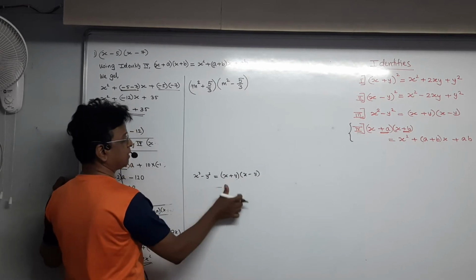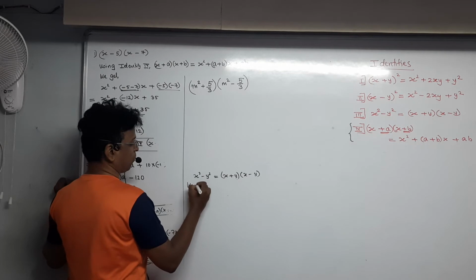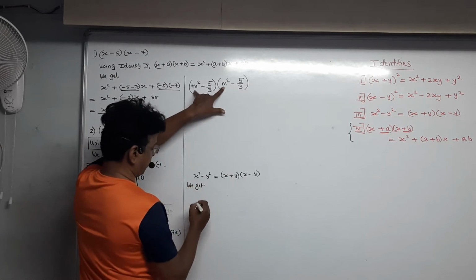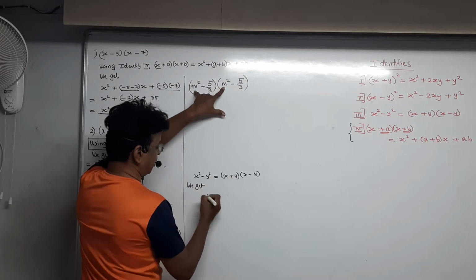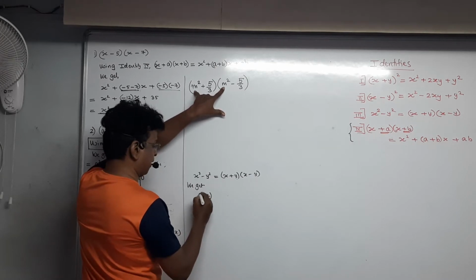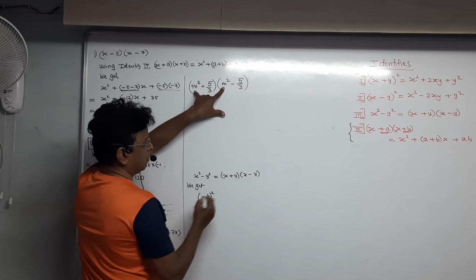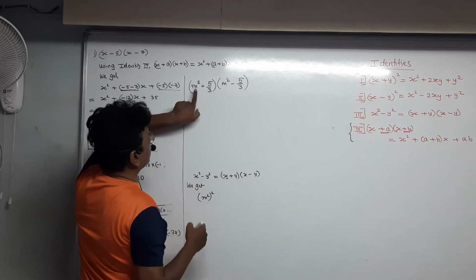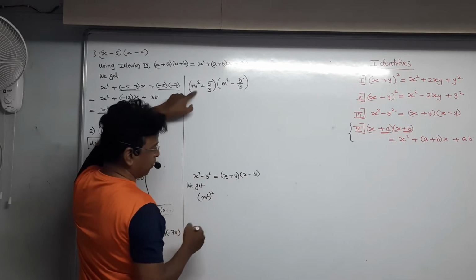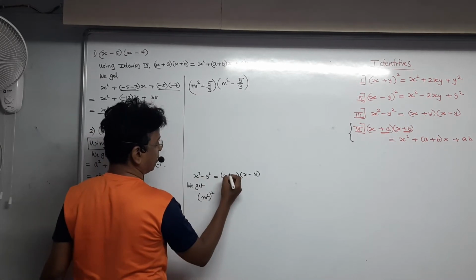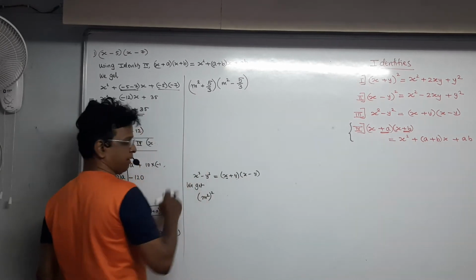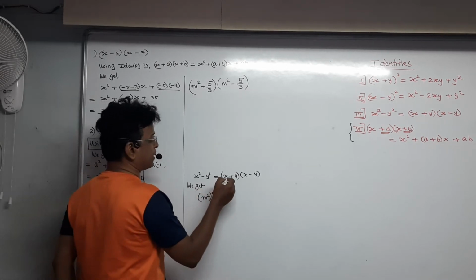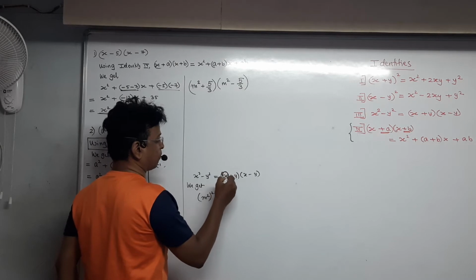So using this identity over here, what will we get? First term. What is the first term? m square is the first term, its square. See, x is there, so x square. But here square is already present. So if square is already present, then you take the square of x square. Whatever is present over here, you have to take the square of that.